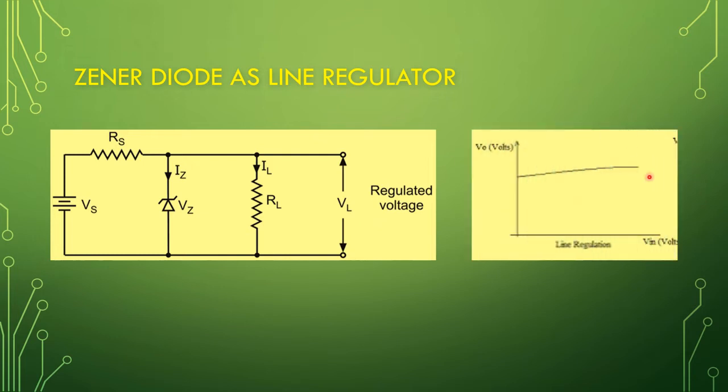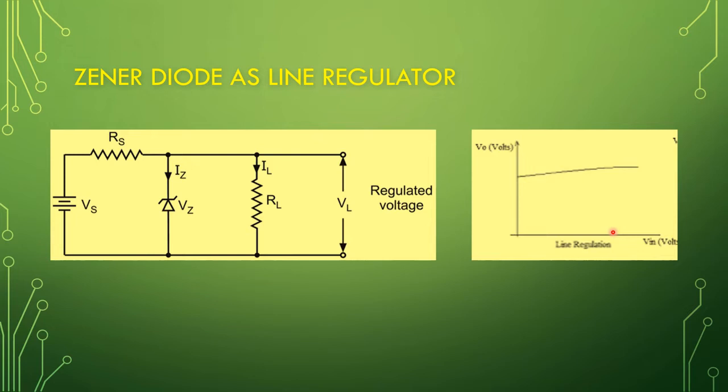Okay, so this is the graph of line regulation. The x-axis is the input voltage Vin and the y-axis is the output voltage, and this is the nature of the curve for line regulation by using a Zener diode. The variation of the output load voltage with the variation of input voltage for a fixed load current is known as line regulation.